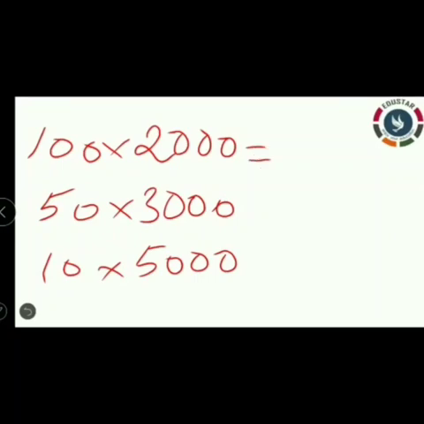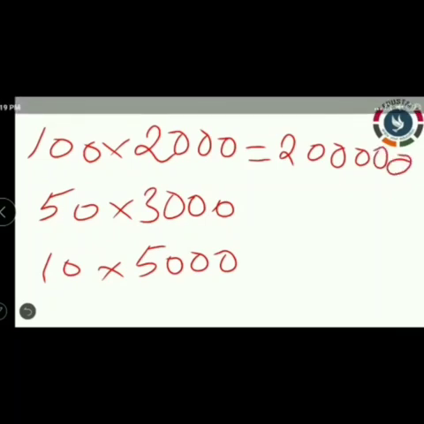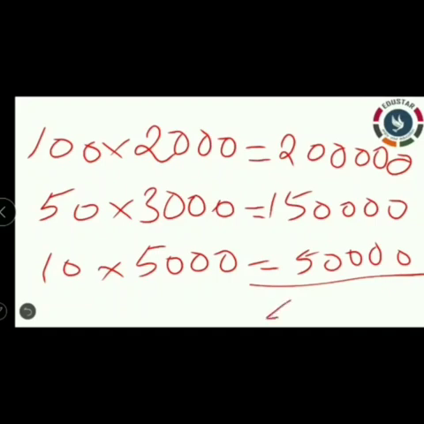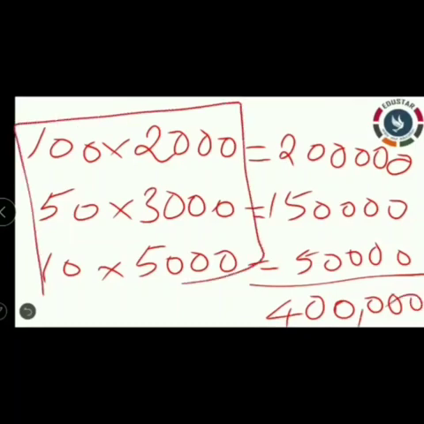Now 100 into 2000, the value is 2 lakh. 50 into 3000, the value is 1 lakh 50,000. 10 into 5000, the value is 50,000. So 1 lakh 50,000 plus 50,000 is 2 lakh. 2 lakh plus 2 lakh is 4 lakh. Here, this is what is called denomination.